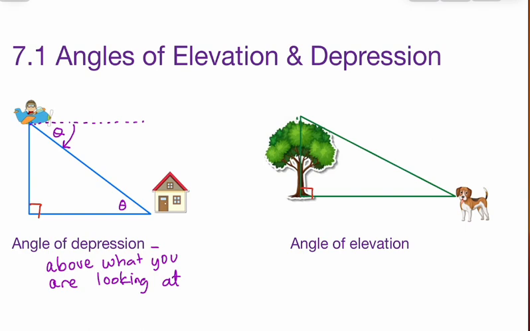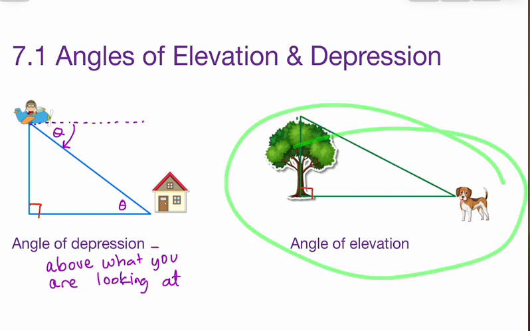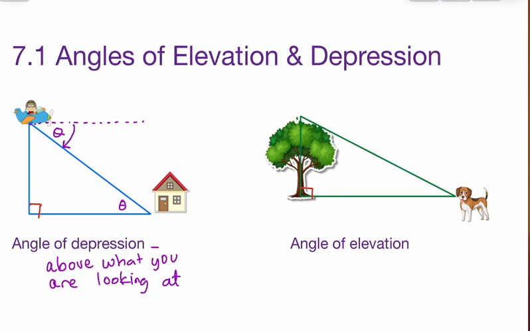Okay, now let's talk about the dog over here. Now, an angle of elevation is the angle it takes for you to look up at something taller. So you are looking at something above you.